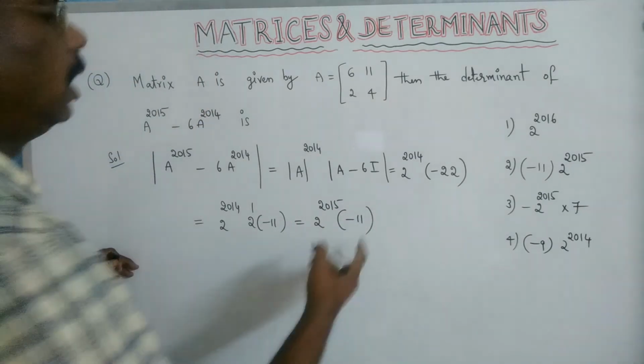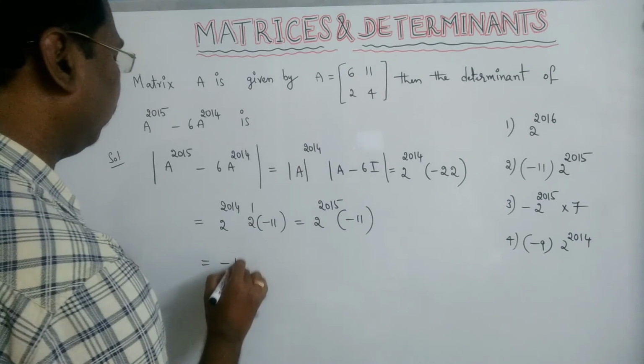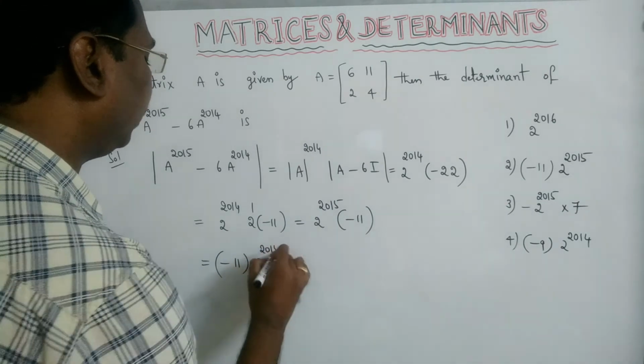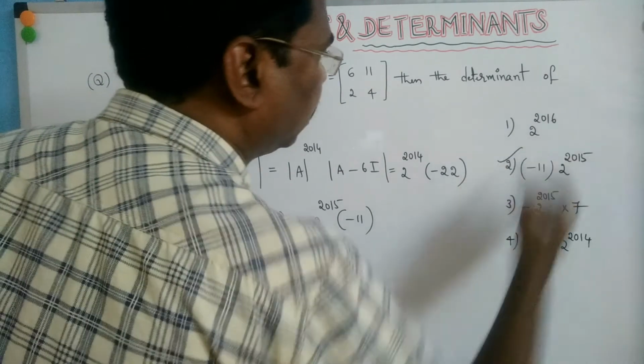Therefore this can be written as minus 11 into 2 power 2015. Option 2 is the correct one.